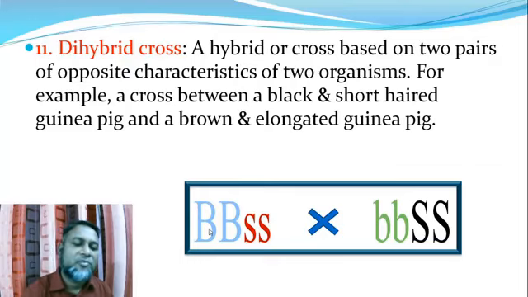Here we emphasize two pairs of characteristics: black and brown, and short and elongated hair. So this cross is known as a dihybrid cross.